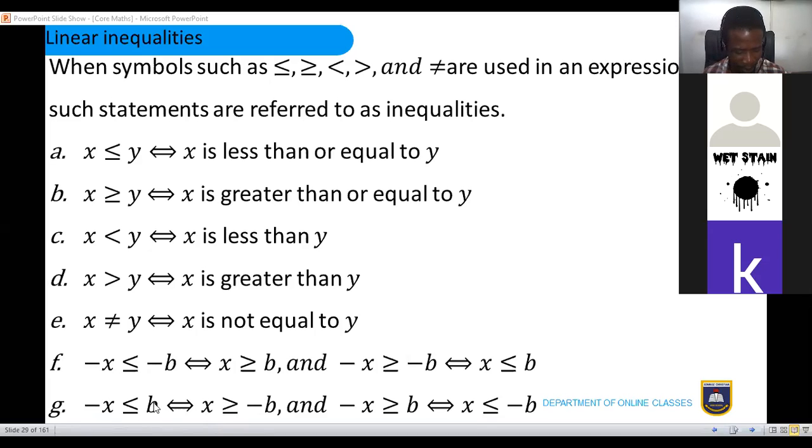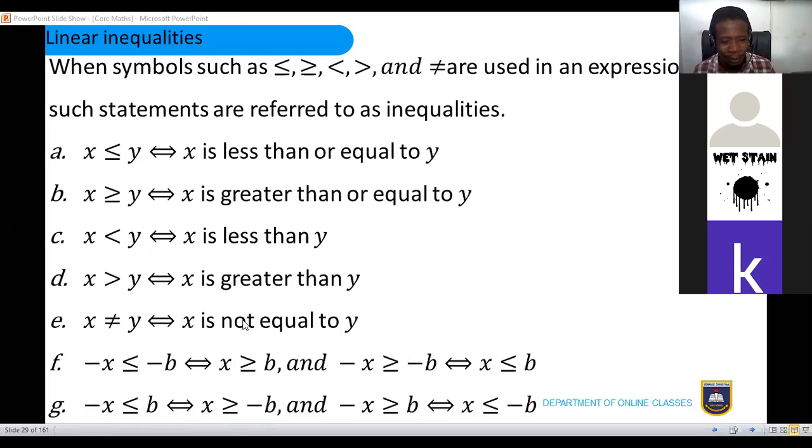So let's take a value for x and a value for b. Let's say x is 2 and b is 1. If x is 2, then negative x is going to be -2. And you know, negative 2 is less than 1. Indeed. Negative 2 is less than 1.